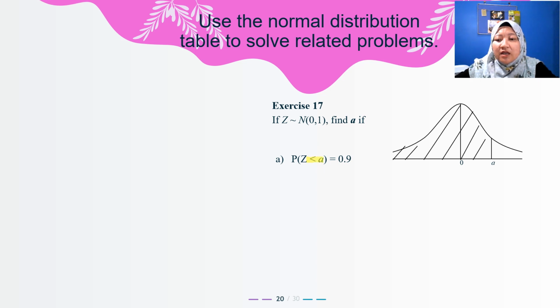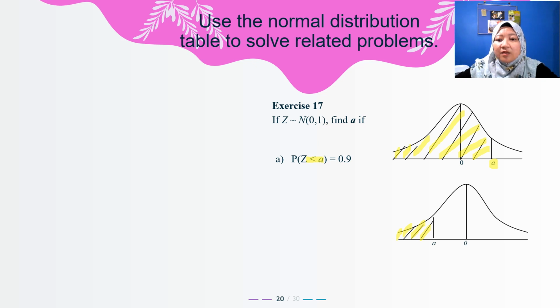So, less than A. Ada dua kemungkinan. Yang pertama, A di sini. Less than. This one is area of less than A. First scenario. Second, this one also less than A. Which one? Yang besar ke yang kecil?